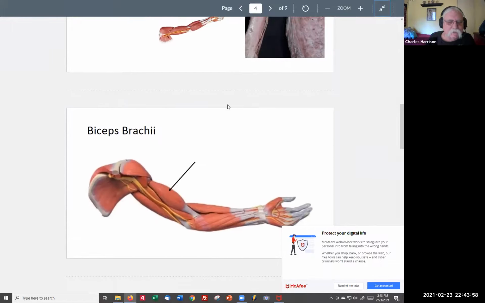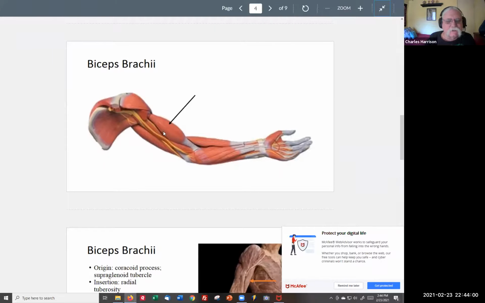Okay, here's the biceps brachii. When it says biceps, that means two heads. Where are the two heads? They're lost up in here. Okay, one here and one on the other side. They're both going to the scapula, however.